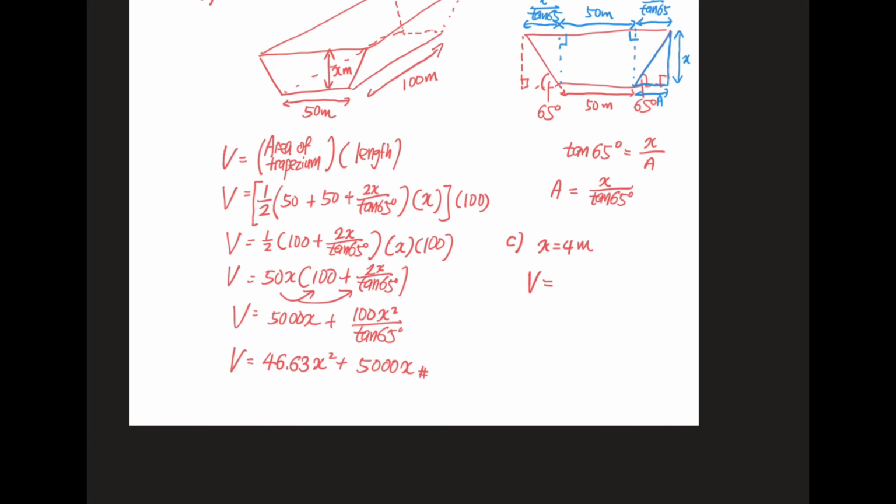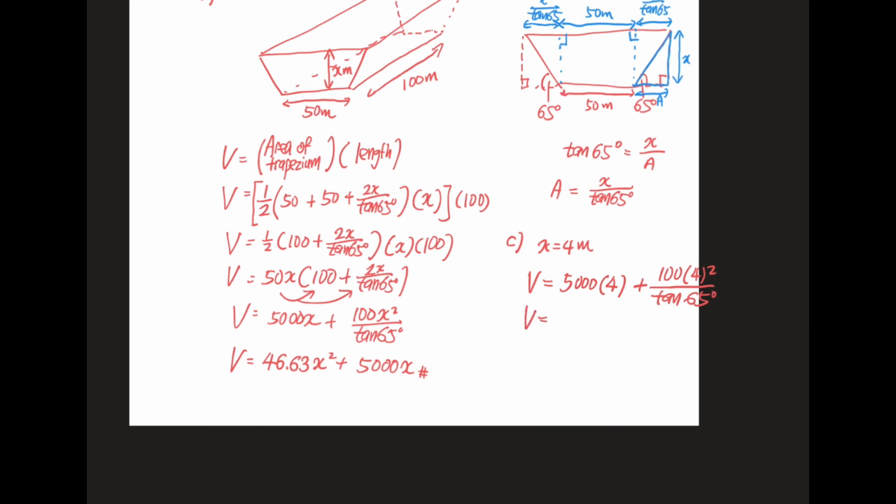So x is 4 meters, and I'm going to put 4 meters here to find out how much earth we get from this cutting. To make it accurate, I'm going to use this equation instead, which is the exact form. So 5000 times 4 plus 100 times 4 squared over tangent 65 degree.